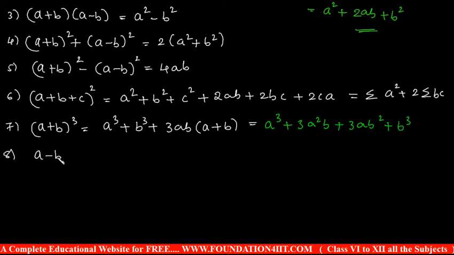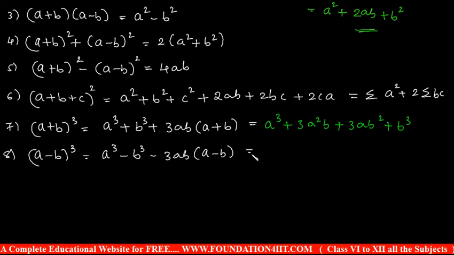And a minus b whole cube. You can see the difference between a plus b whole cube and a minus b whole cube. For a minus b whole cube, it is a cube minus b cube minus 3ab into a minus b. All are negative signs except the a cube term.